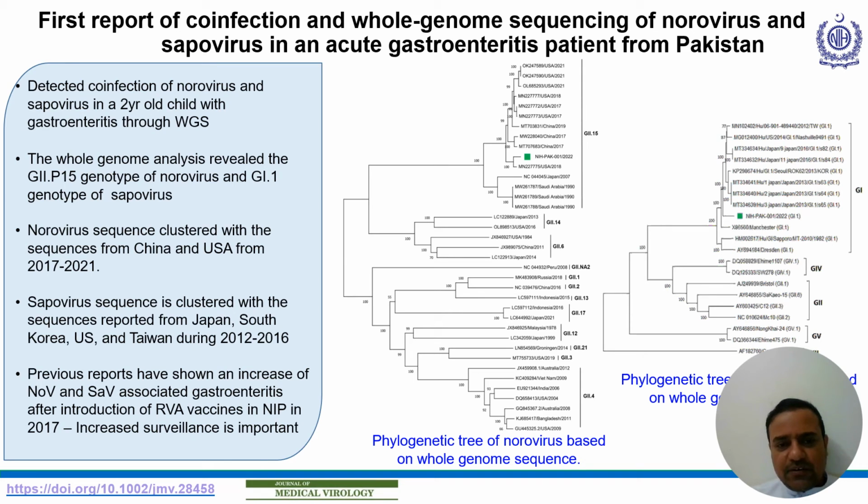Similarly, sapovirus also showed homology with strains reported globally. So again, you can see how we have used NGS quite successfully in doing whole genome sequencing of viruses and in identifying co-infection cases.